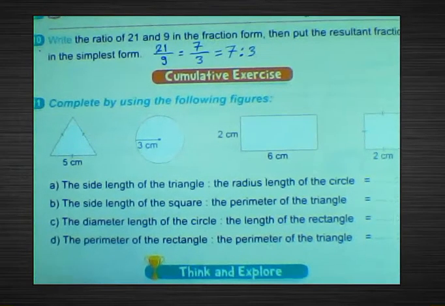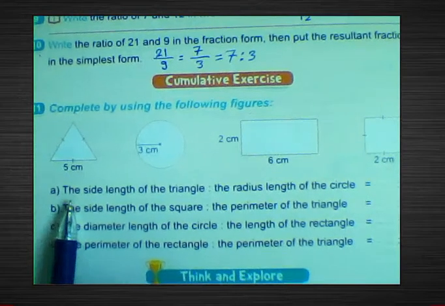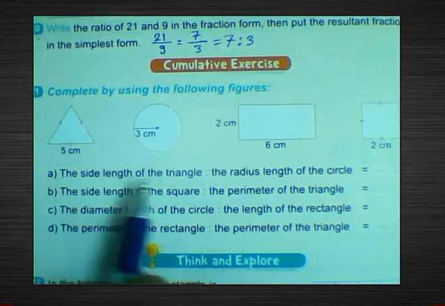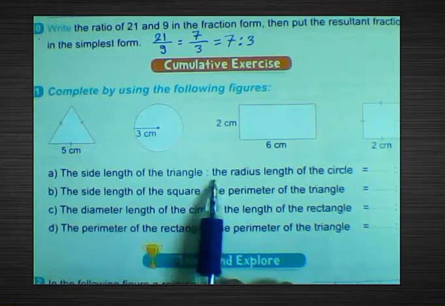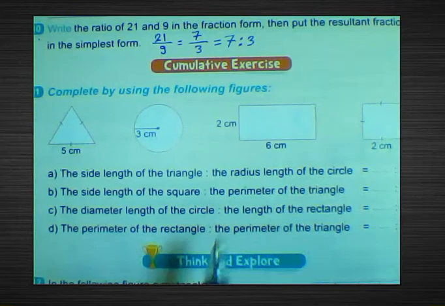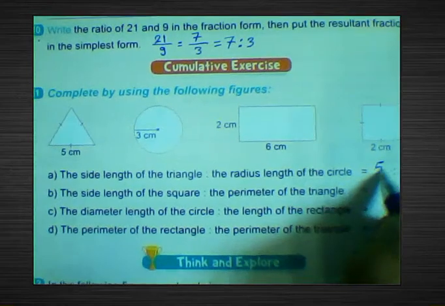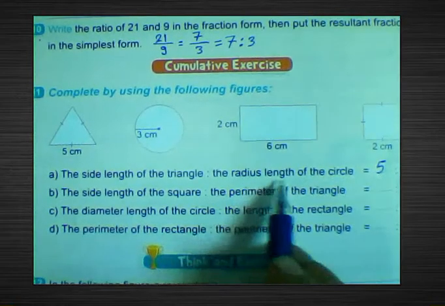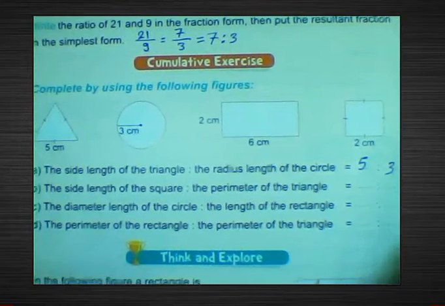Quantitative exercise. Complete using the following figures. Letter A. The side length of the triangle to the radius length of the circle. Look at this triangle, write 5, and the radius length of the circle is 3. We will write 5 to 3.